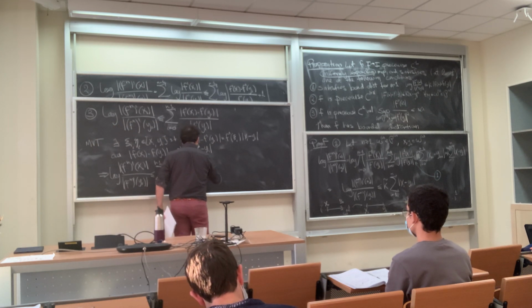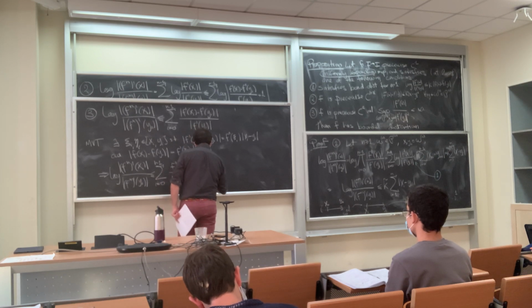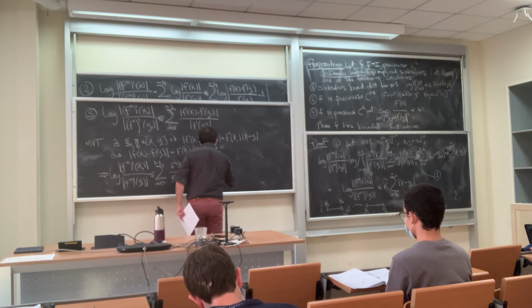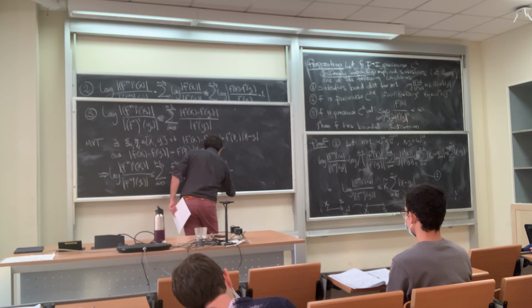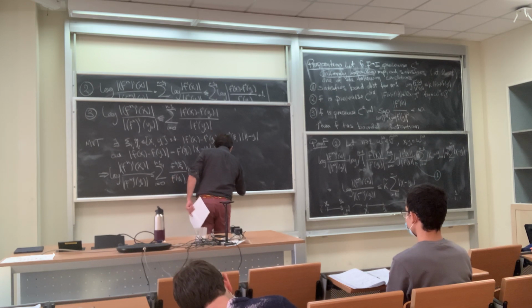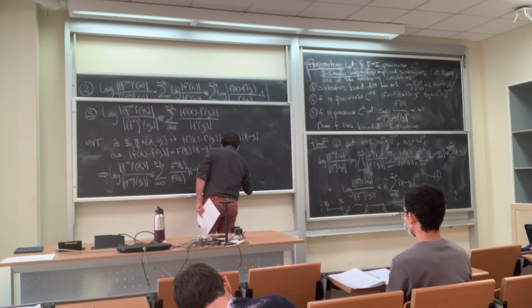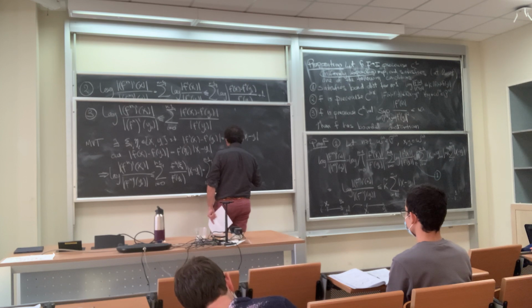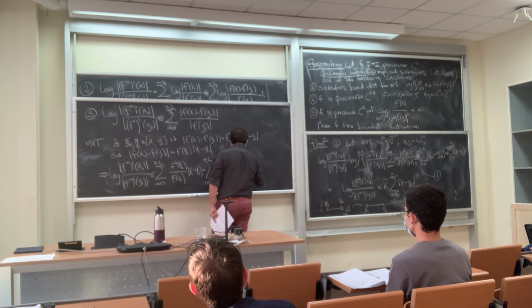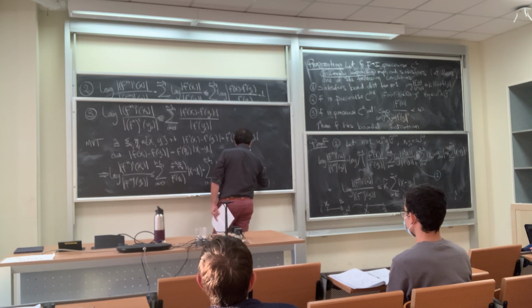So this is equal to the sum i equals 0 to n minus 1 of f double prime psi i over f prime of yi times f prime of eta i times f of xi minus f of yi.